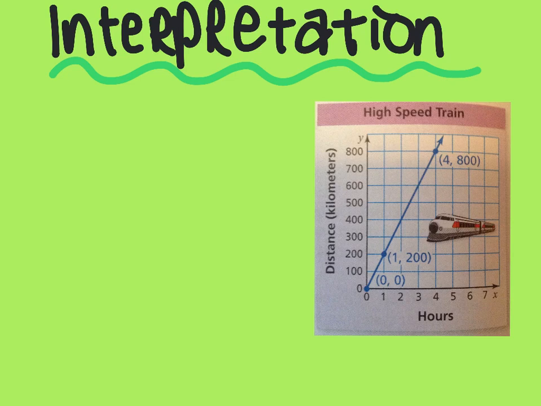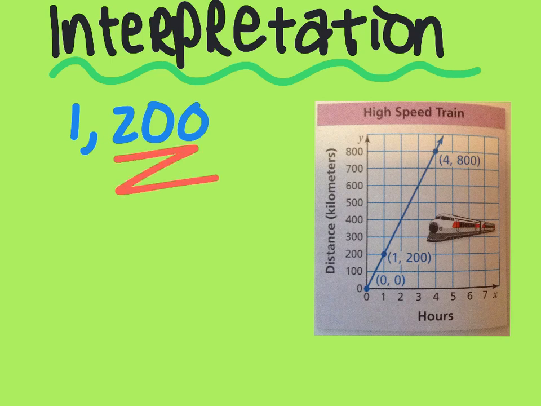So when we have 1, 200, that basically means 200 kilometers in 1 hour. So the point represented is 200 over 1. And then 800 is 800 kilometers in 4 hours.